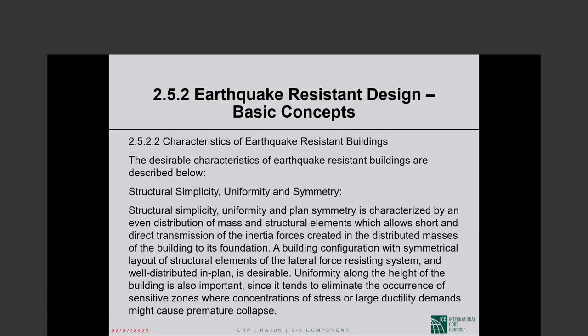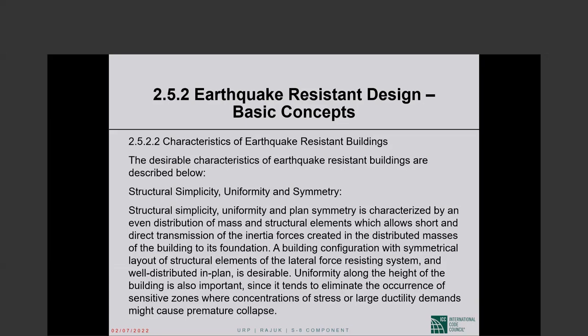So all of this is very, very good advice, except that most real buildings violate these principles. There are owners involved, there are architects involved. The architects want their building to look distinctive, not like a rectangular box. So they don't have a lot of taste for this simplicity, uniformity, symmetry, etc.